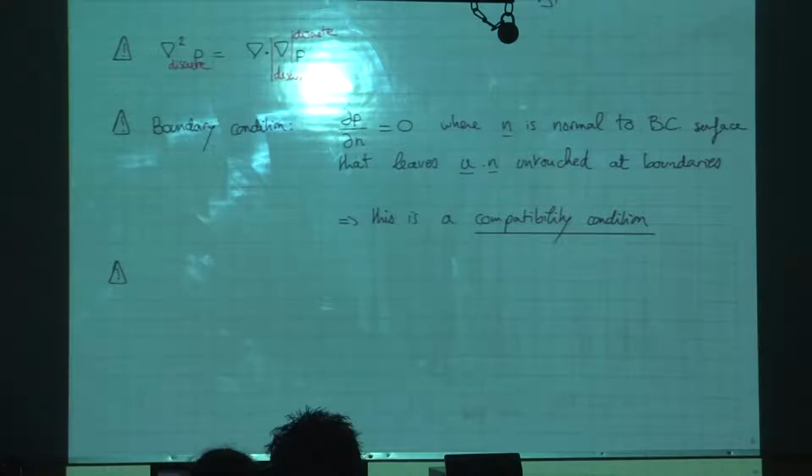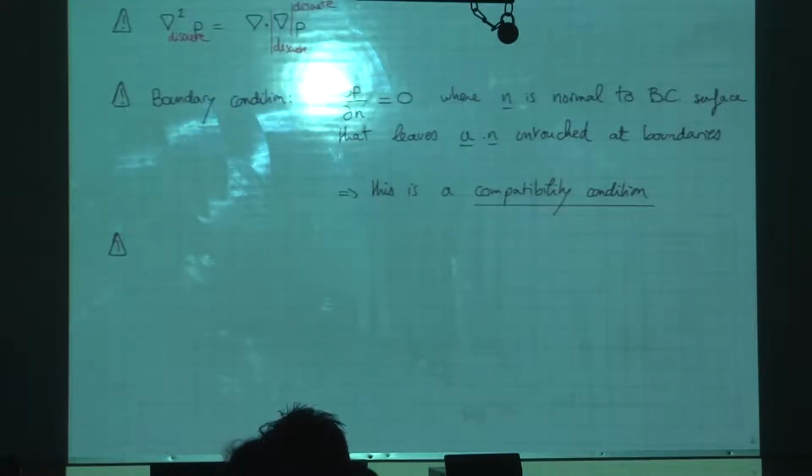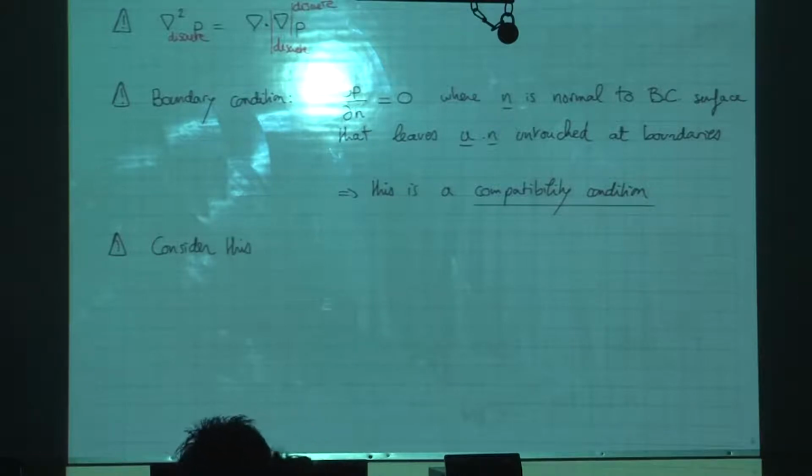The last problem associated with this is the fact that now, if I have a domain where the pressure is obtained from a Poisson equation, and where the entire surrounding is such that dp/dn is equal to 0, I end up with an interesting property. Take my Poisson equation, volume integrate it. Allow me to call this omega.